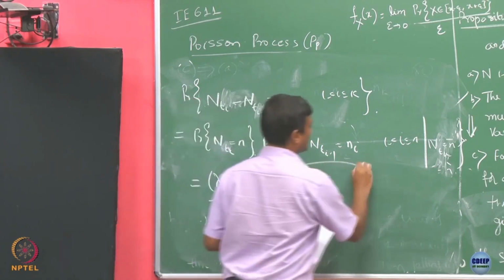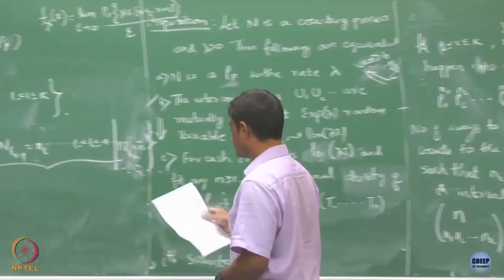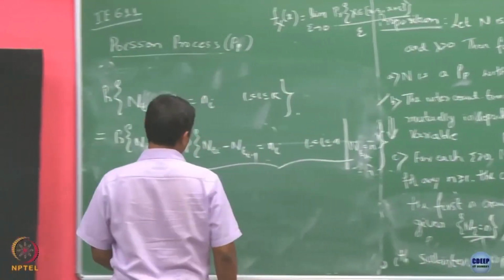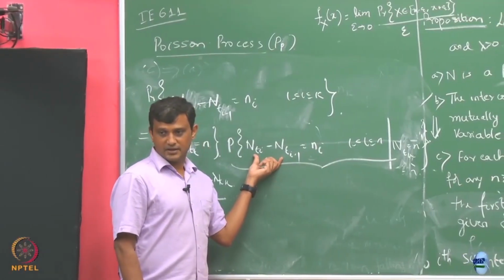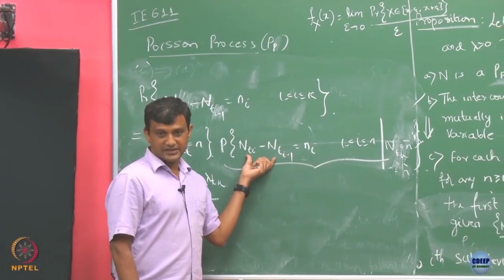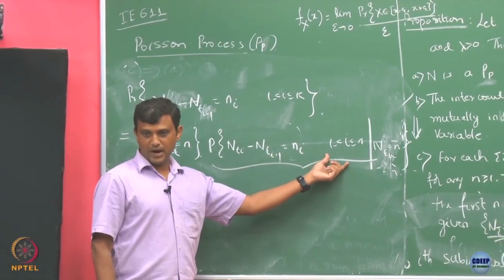And what is this? So I am basically asking, there are n_i counts in this interval, and there are k such intervals, right? So how am I going to do this?